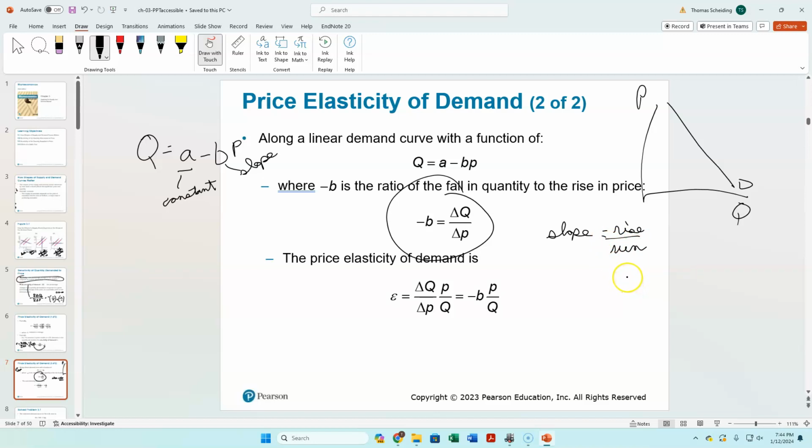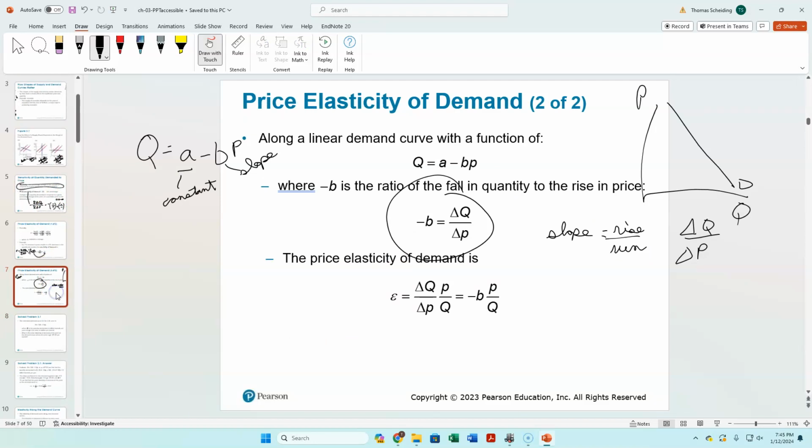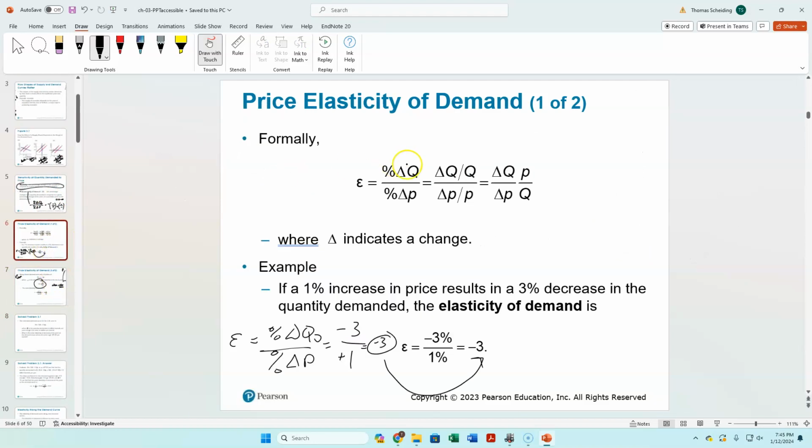And if we think of the negative of that slope, it would be our delta Q over our delta P, which, if we go back to here, our elasticity function itself is equal to delta Q over delta P, times P over Q.